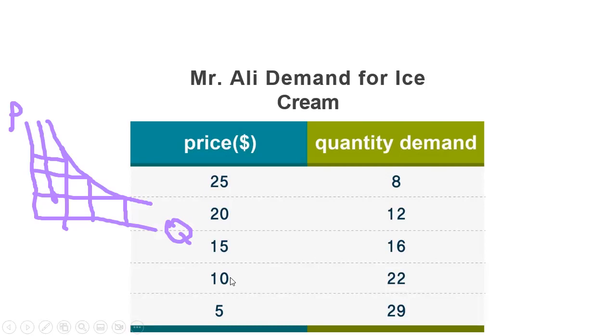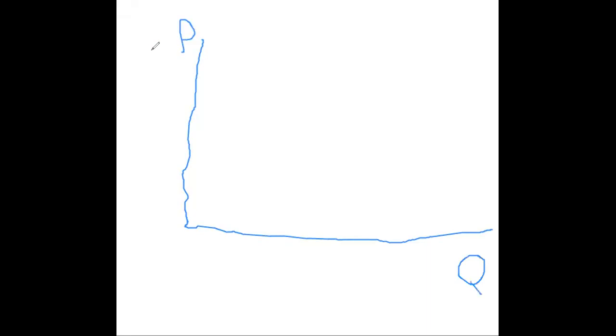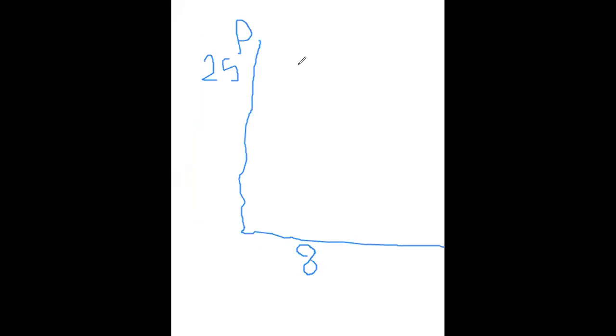If we draw this curve graphically, we will draw it like this. This is price and this is quantity. This is the point of price 25 and quantity 8, and we represent it as a point.